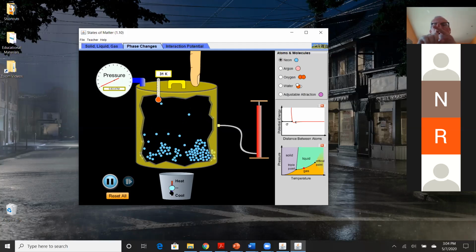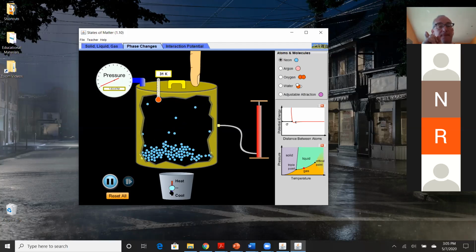So then do argon and oxygen and water, and figure out what the boiling point is for each one. Look up what the actual boiling points are. See how close you got. And then basically, part of the lab is to explain why the boiling points are different from each other.